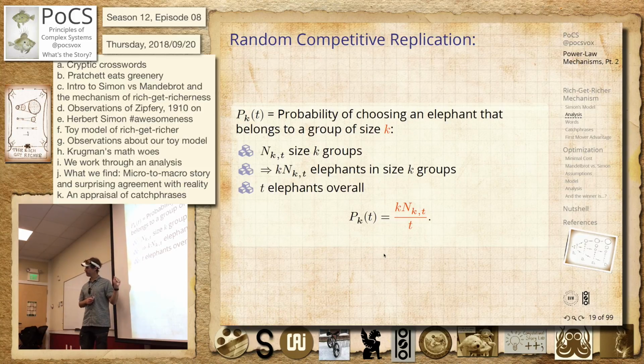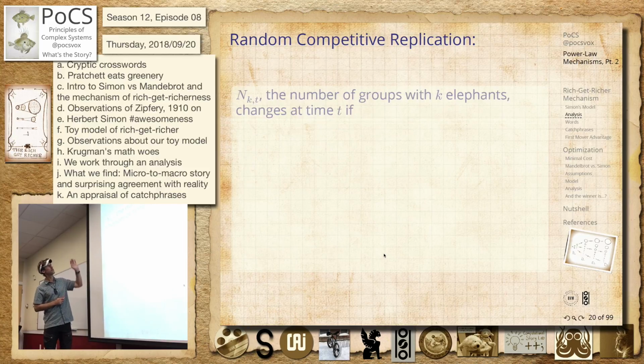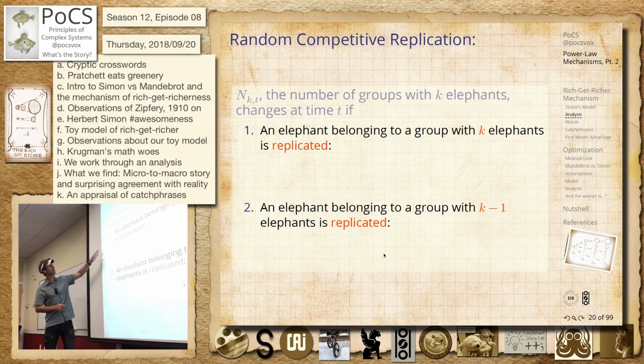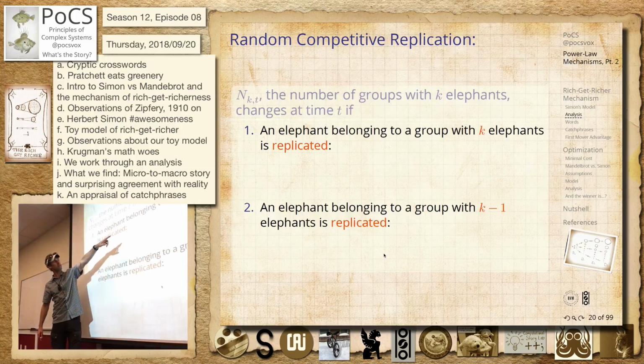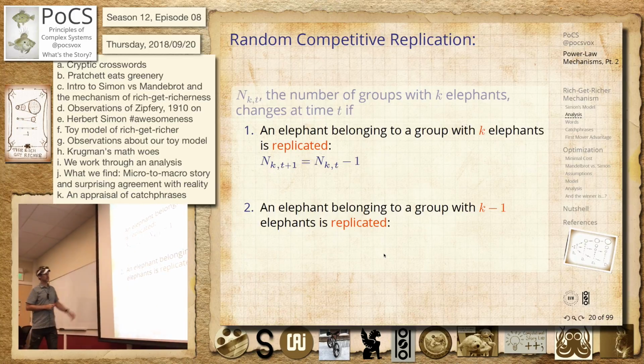Does this seem okay? That's a fundamental thing. So this is how things will change. An elephant that belongs to a group of size k gets replicated, so now it's part of a group of size k plus 1. So we lose one: the number of groups of size k goes down by 1, and if it was part of a group of size k minus 1, we add 1 to our number of groups of size k.